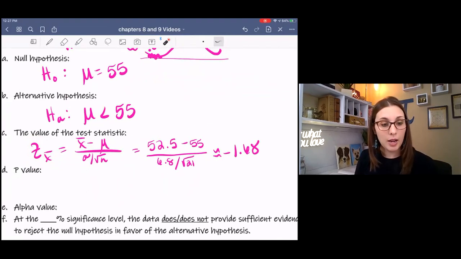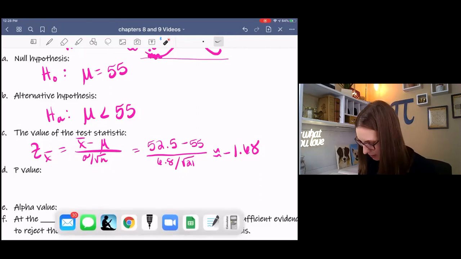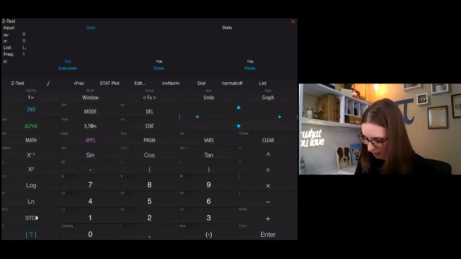And then I went ahead and did p-value. If you did critical value, that's okay. I'll show that also. But the p-value of this test statistic, let me use the calculator here. So we are saying our population mean is 55. Our standard deviation is 6.8.